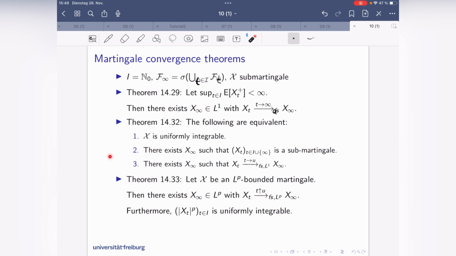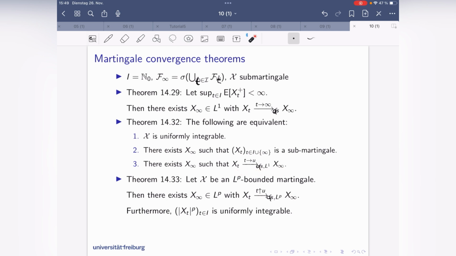The second and the third deal with not only almost sure convergence, but also with L1 or LP convergence. And so the second here is really central. If you also have that X is uniformly integrable, then this here is automatic, such that we have almost sure convergence anyway.